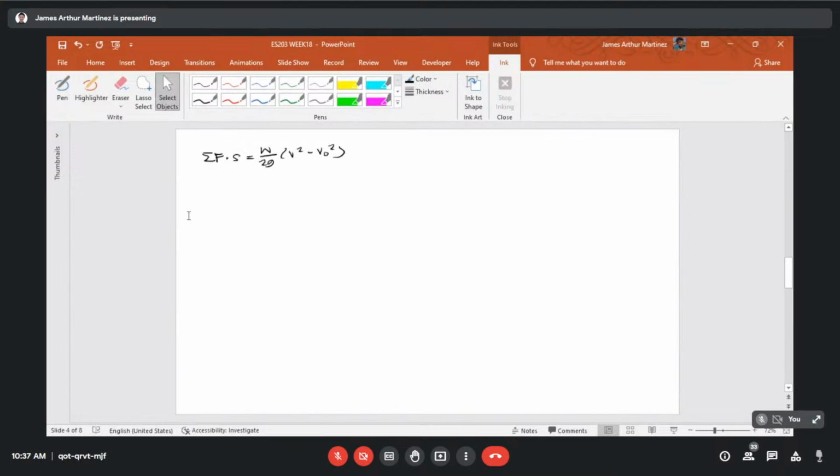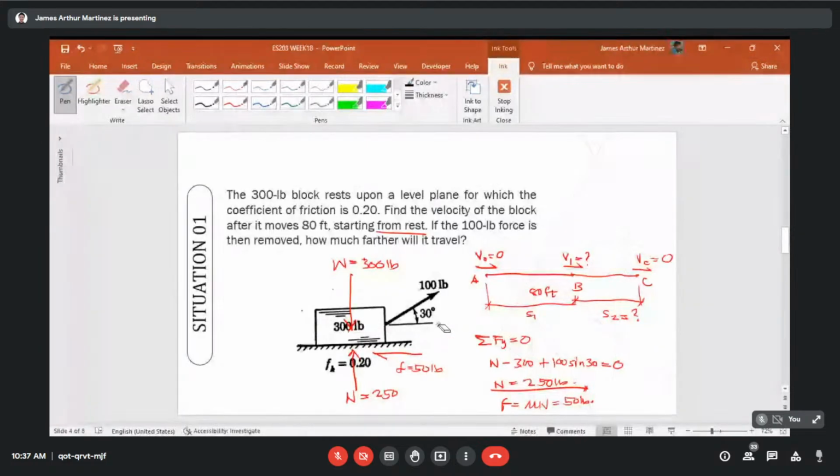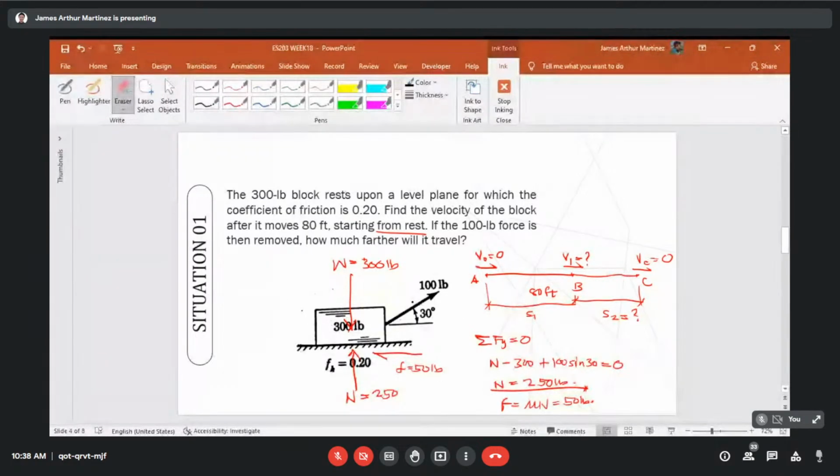The summation of forces is the sum of forces along the axis of the motion, so always remember that, class. Since the displacement occurs along the x-axis, let us sum up forces on the x-axis. The forces on the x-axis are the component of the 100-pound force and the frictional resistance force. Only those two.